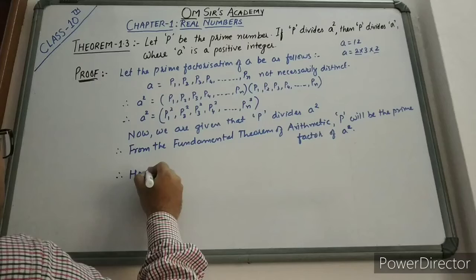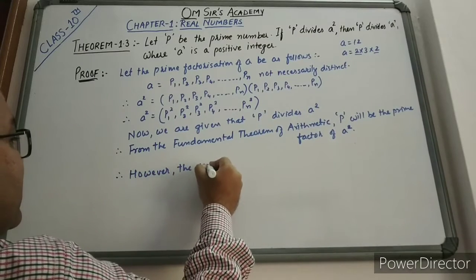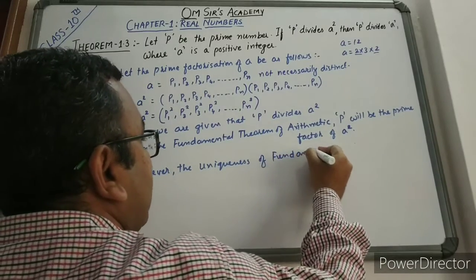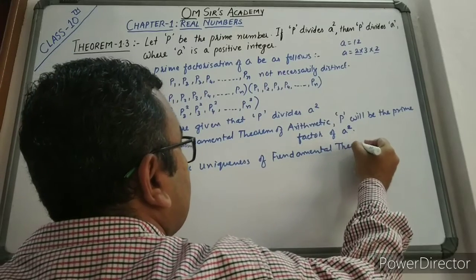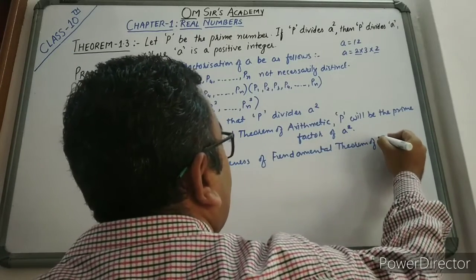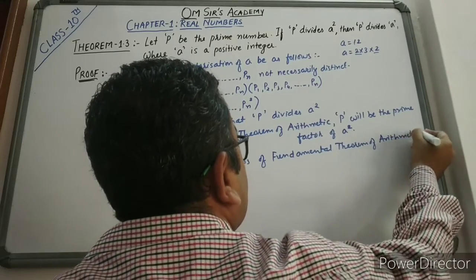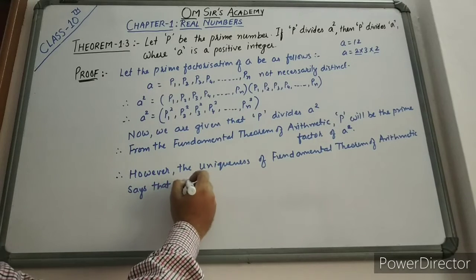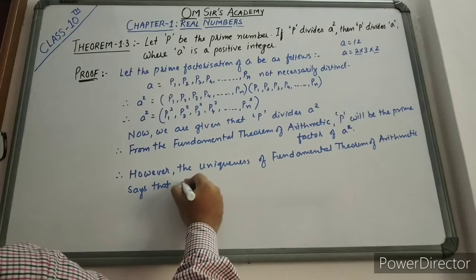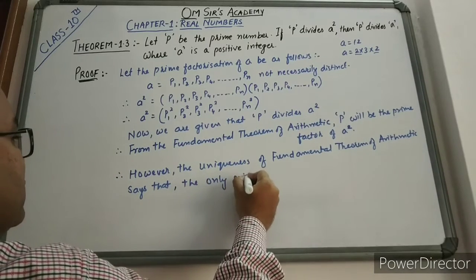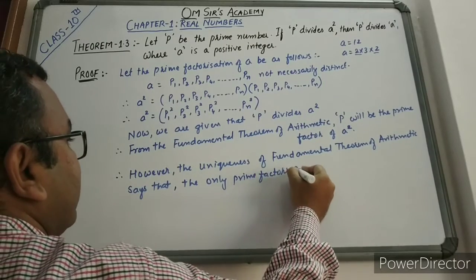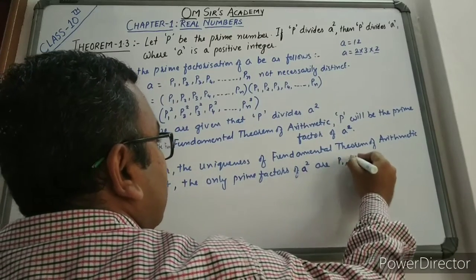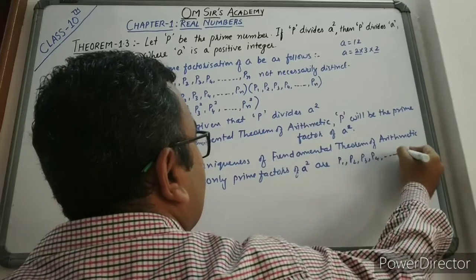So however, the uniqueness of the fundamental theorem of arithmetic says that the only prime factors of a square are P1, P2, P3, P4 dot dot dot till Pn.